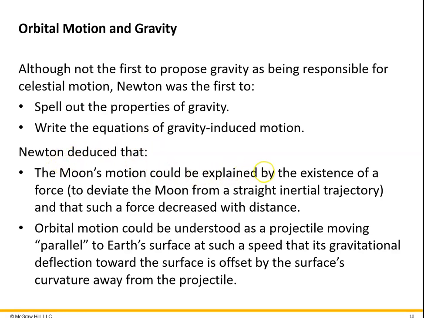So the moon's motion was explained. You often hear talk about Newton and the moon, and that apple falling on his head and all that. One of the great insights that Isaac Newton had, or we can say, that's a bunch of nonsense about an apple falling on his head. If you've ever heard that before or anything like that, let me just turn you away from that idea.